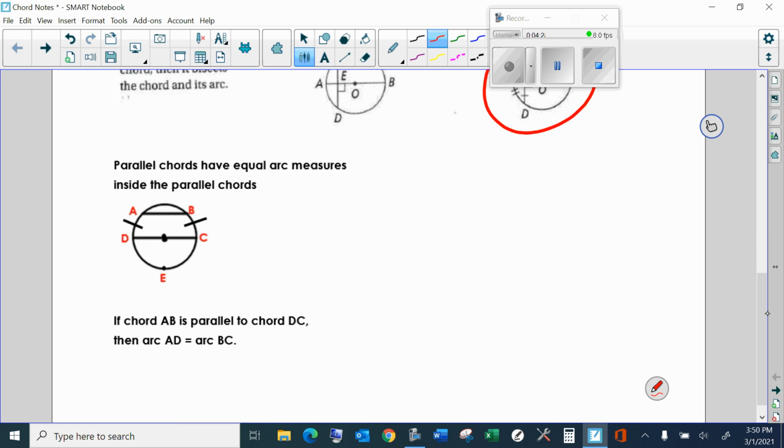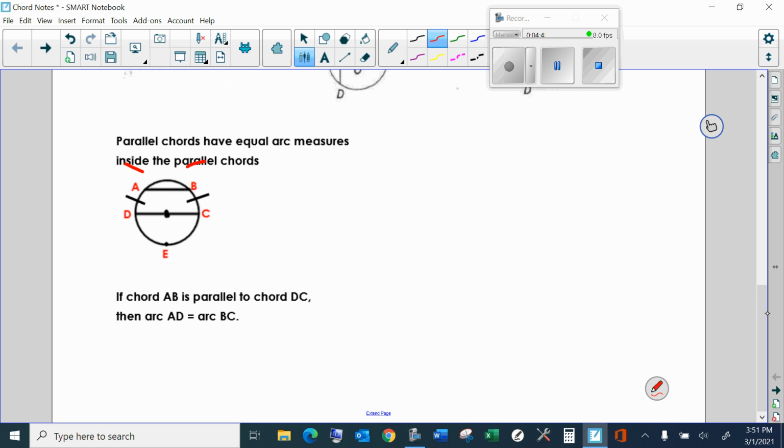Then you have parallel chords. Parallel chords have equal arc measures inside the parallel chords. So these are not the same. This outside here is not the same as this. It's way bigger, you can tell. It's only the ones that are inside the parallel chords, those arcs are the same.